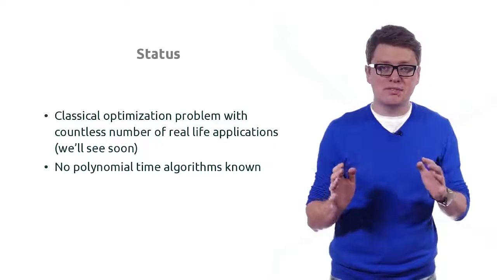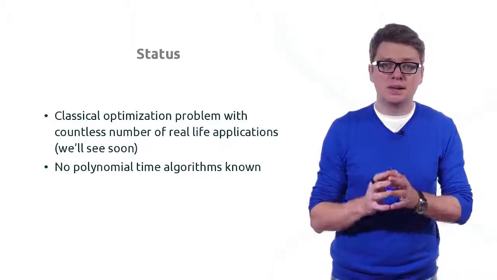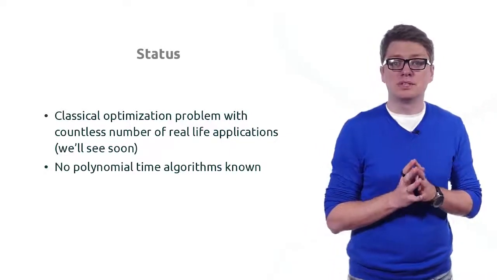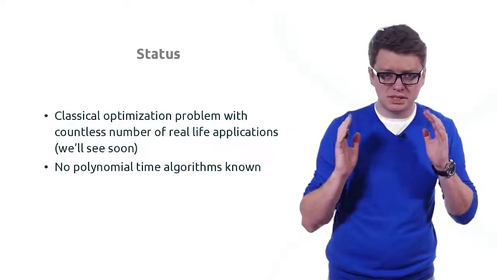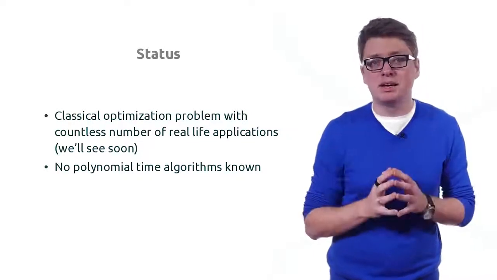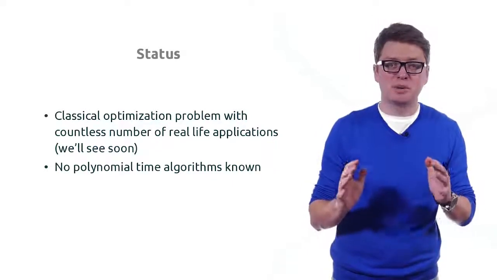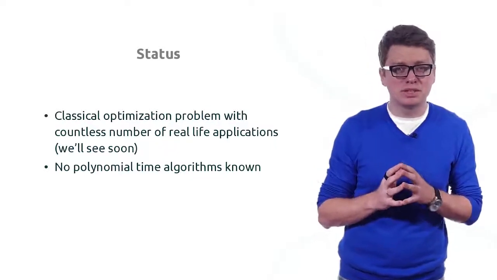Namely, we do not have any algorithm which is guaranteed to find an optimal cycle in time polynomial in n, for example. This is because we still do not know whether the classes P and NP are equal. This is a classical NP-hard problem, so we actually do not expect such an algorithm to exist.